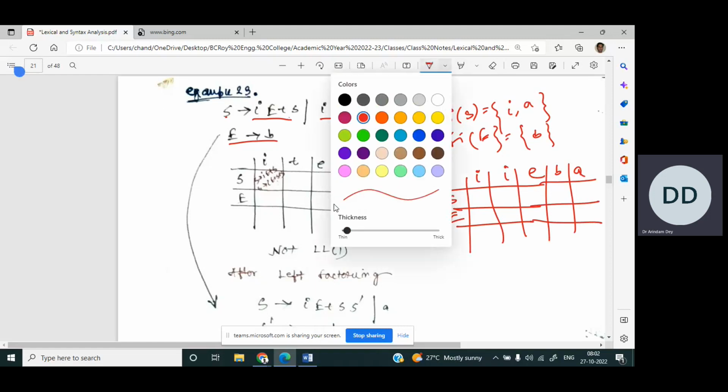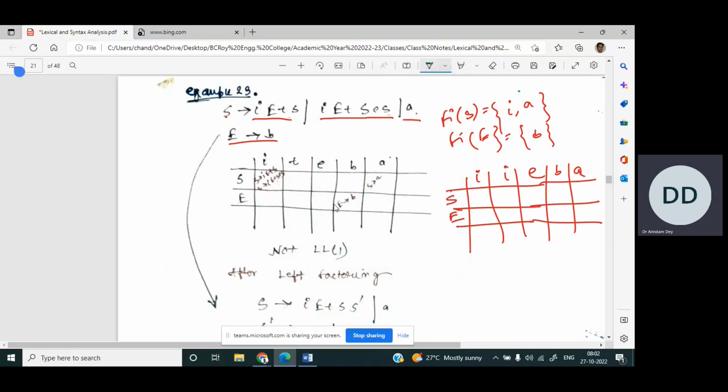Now you see that for this table, for a, to generate a, only a single production is there, S to a. So I can write S to a over here for S. For terminal i, I may use either this production or this production to generate i, because i is in the beginning here, also i in the beginning.